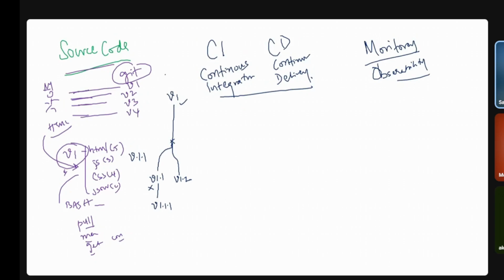This is what we call source code versioning. Okay, you create versions or copies of your source code so that you can make your code changes.